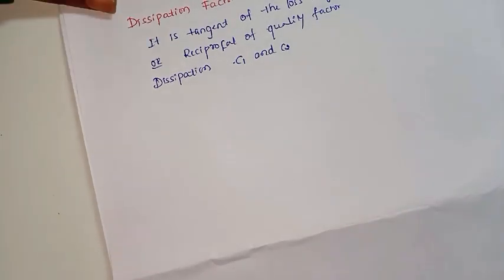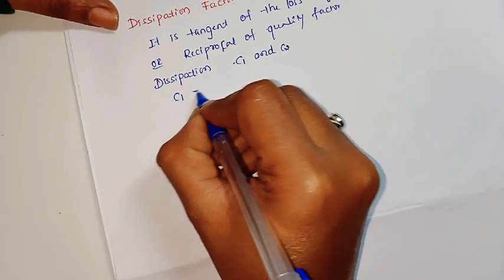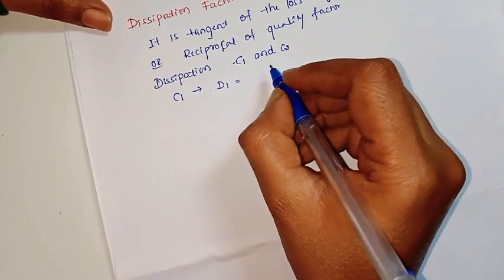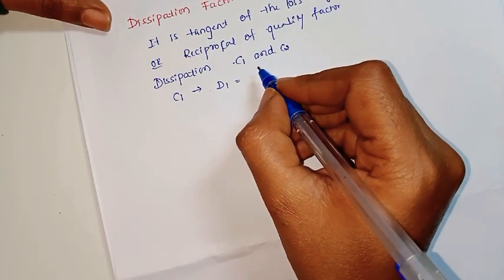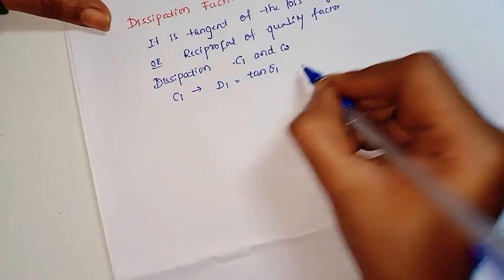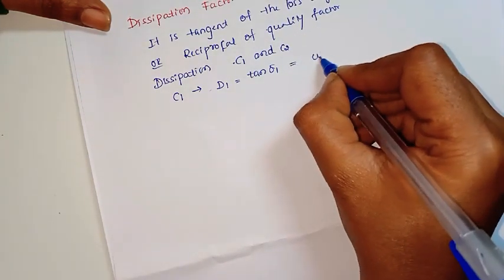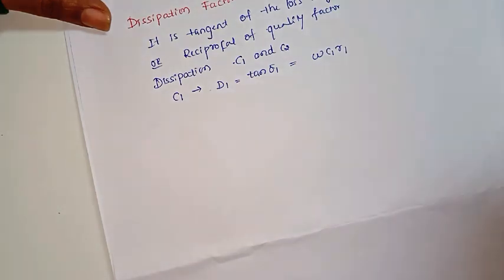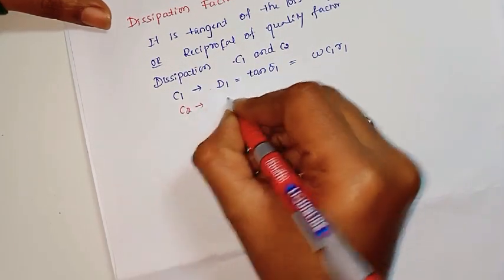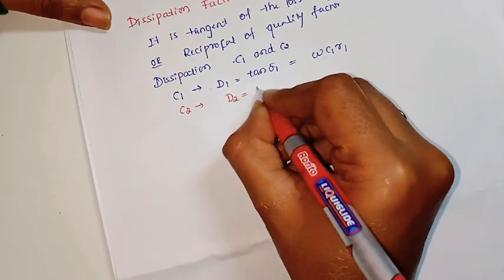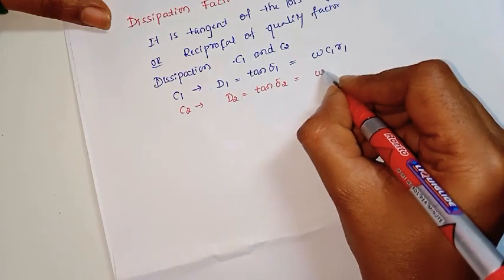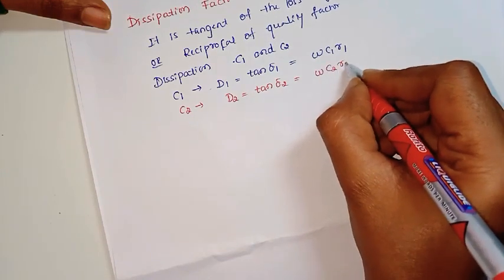Then dissipation function for the capacitance C1 is D1. So what is the definition? It is the tangent of loss angle, so that we can write as tan del 1. So this we can write as omega C1 R1. Then the capacitor C2 dissipation is D2, that we can write as tan del 2. We can write this as omega C2 into R2.